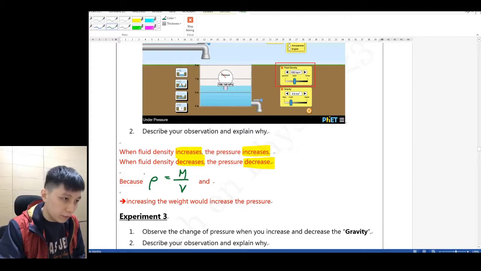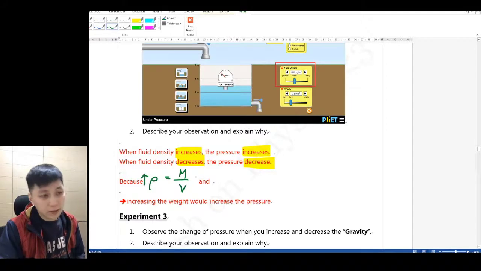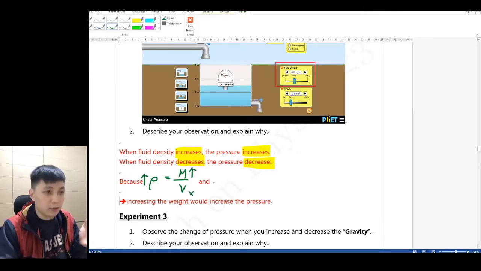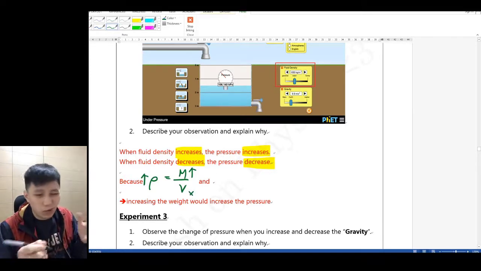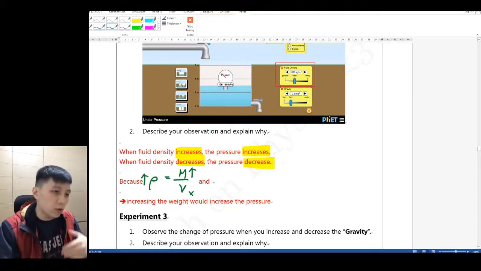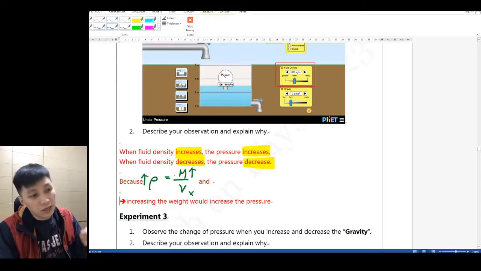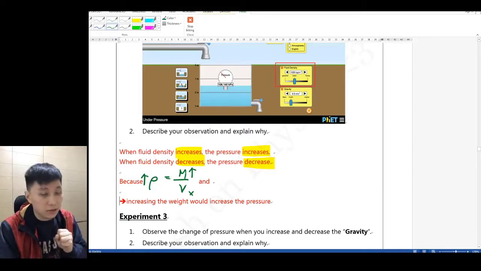If you have increased density, the mass is going to increase. Volume remains constant here, so I put a cross here because you didn't add more water or liquid in general or remove it. So the only thing that changed when you change the density is the mass. If density increases, mass increases.